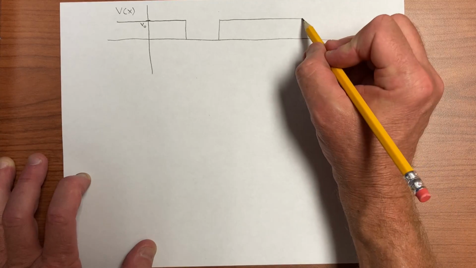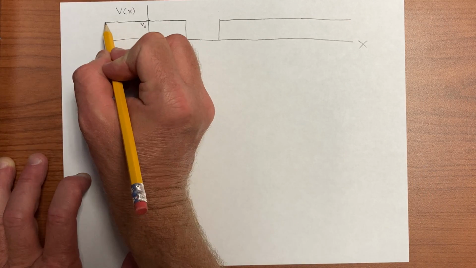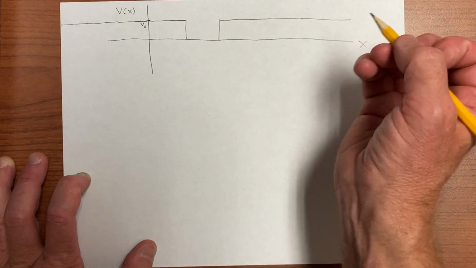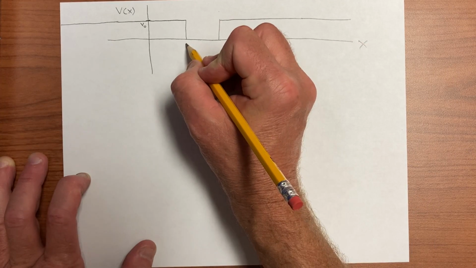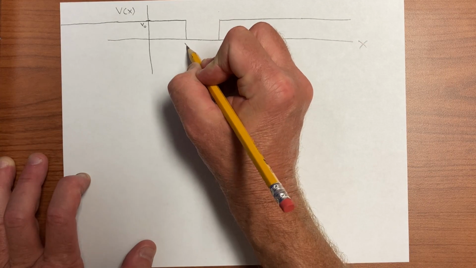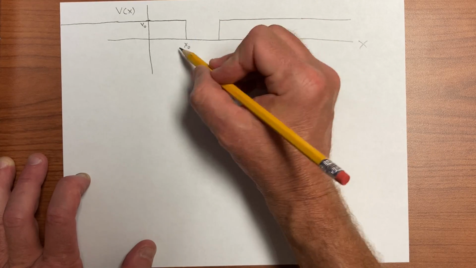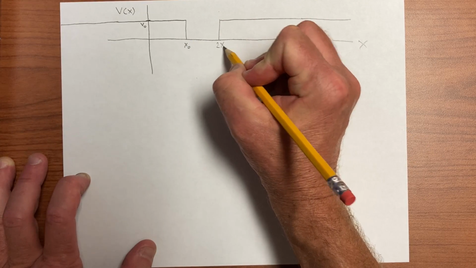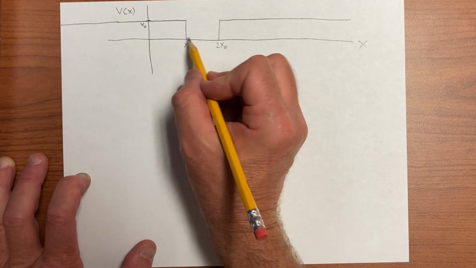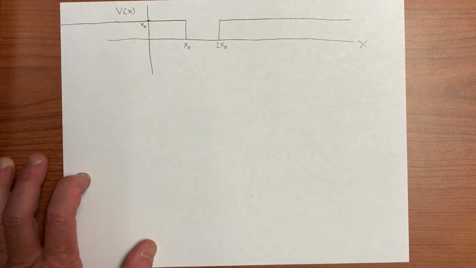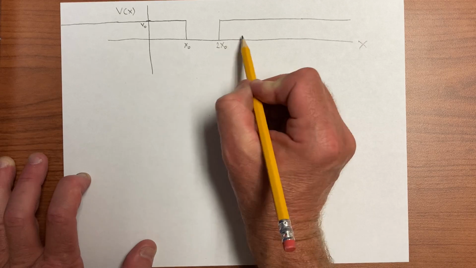So this is X. I guess we can call this X naught and maybe 2X naught or something like that. This is X naught. This is sort of twice that, but imagine it's shifted a little bit more to the right.